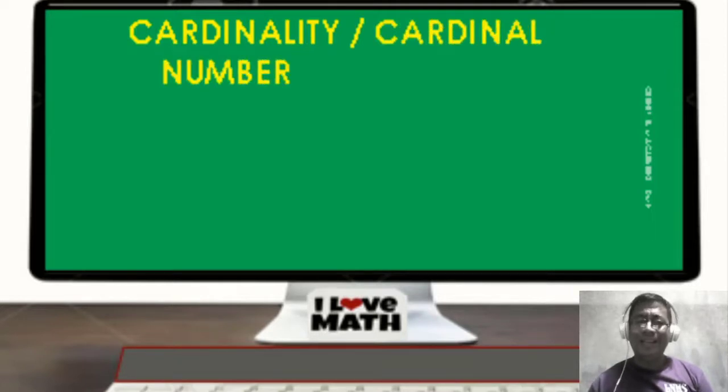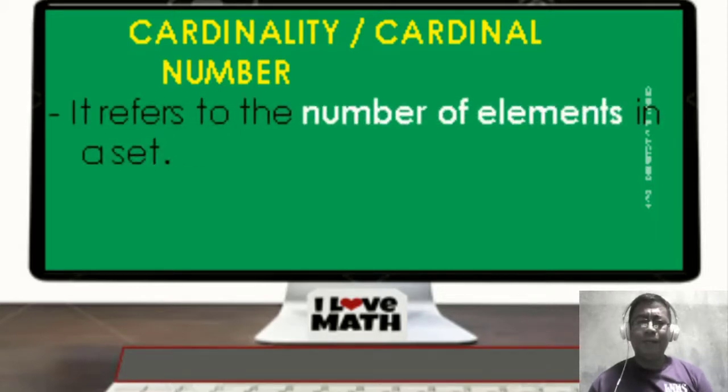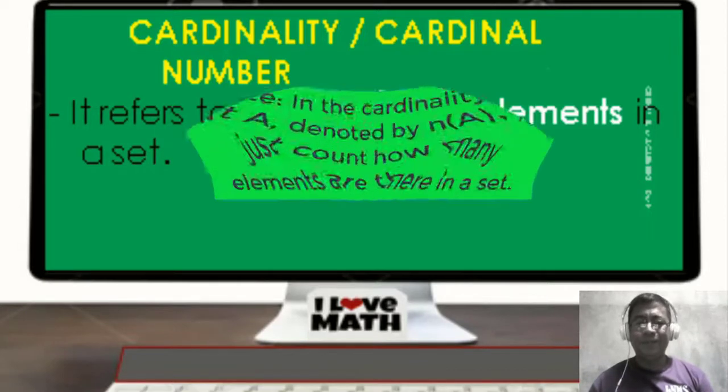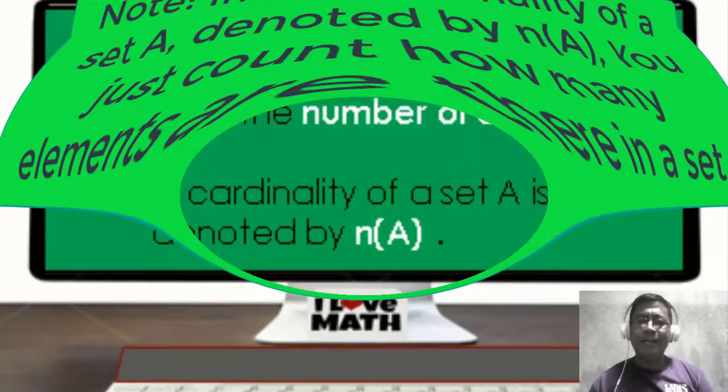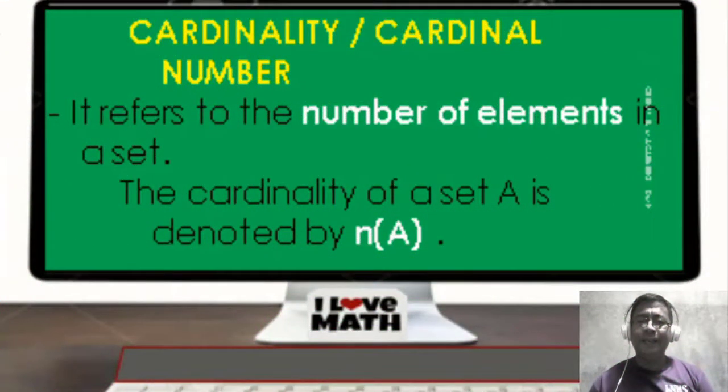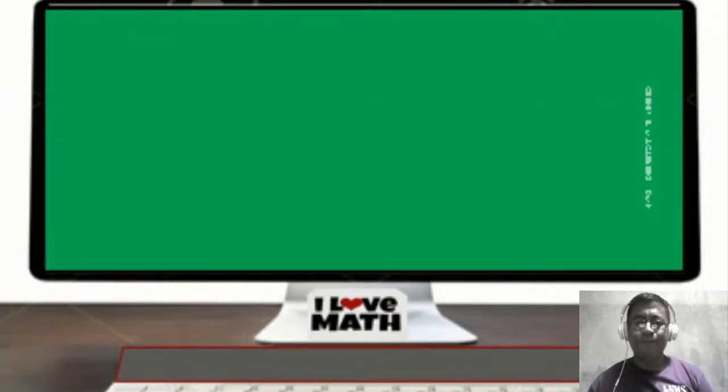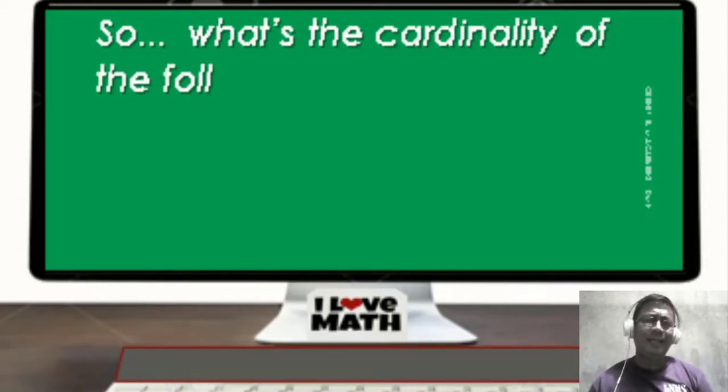Cardinality or cardinal number. When we talk about cardinality or cardinal number, it refers to the number of elements in a set. So take note of that. Number of elements in a set. The cardinality of a set A is denoted by n of A. So what's the cardinality of the following?